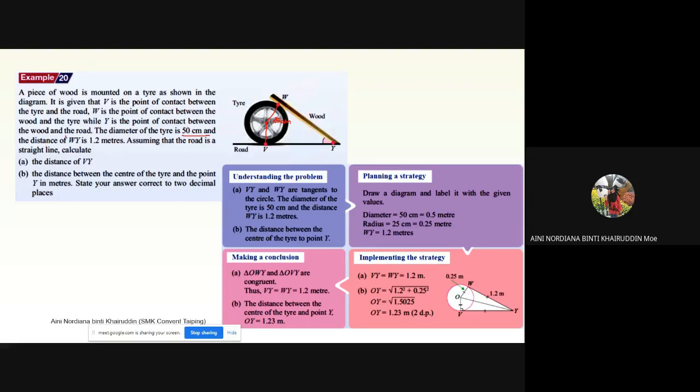And the distance of WY is 1.2 meter. Assuming that the road is a straight line. Calculate the distance of VY. So you nak cari distance ni.